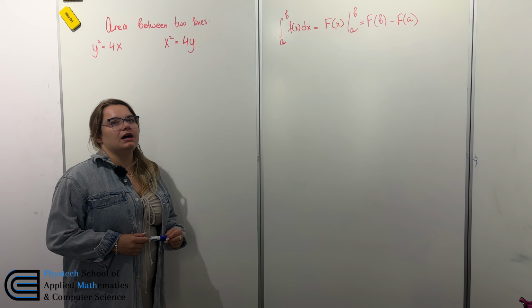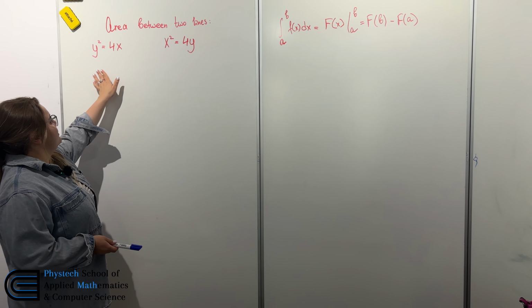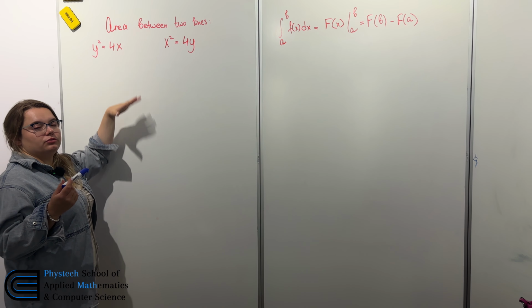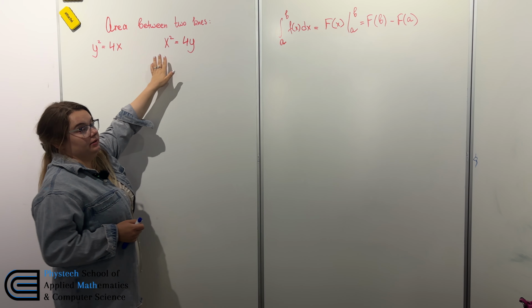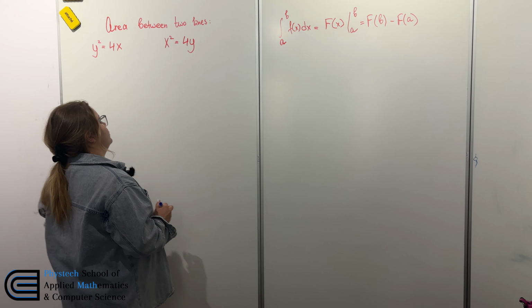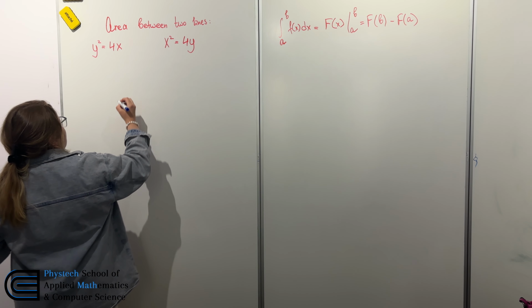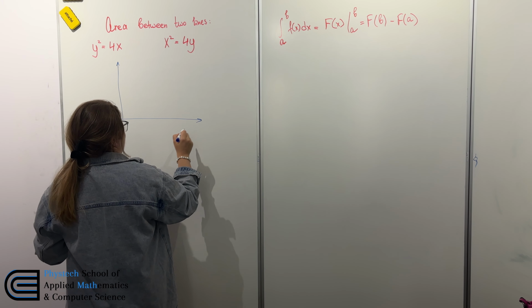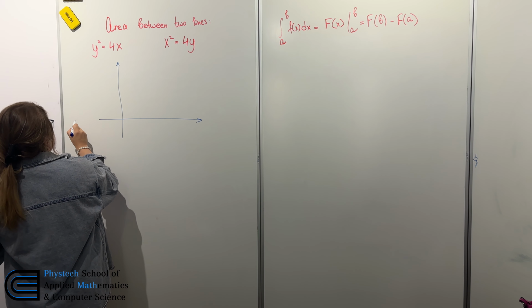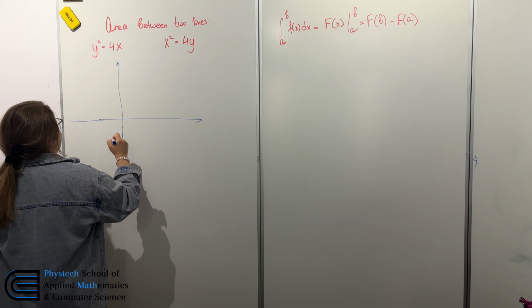Hi. Let's calculate an area between two lines given by functions this one and this one. First of all, let's do a little drawing. So, let's see what we have here.